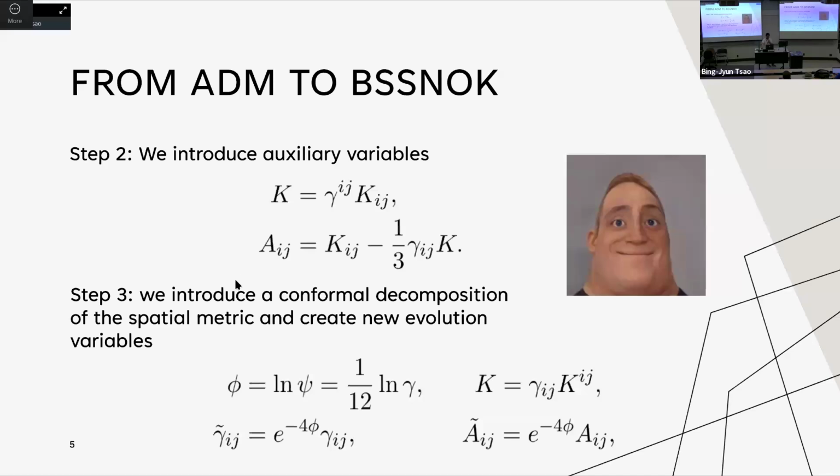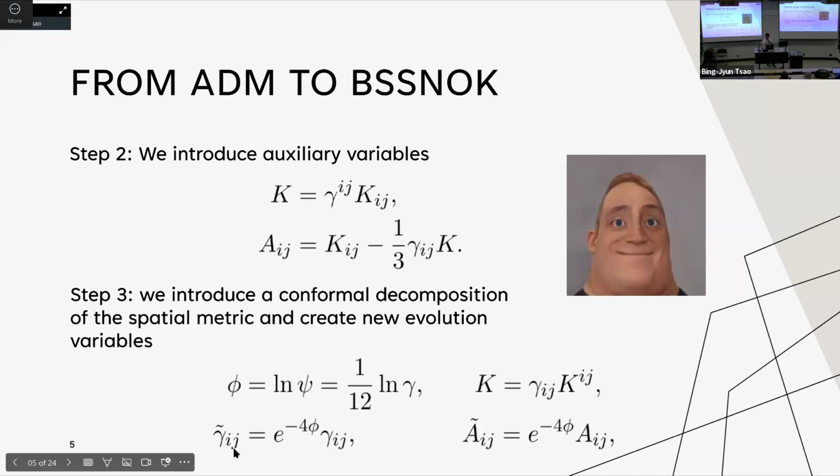Step 2, we introduce some auxiliary variables, right? So we introduce the trace of the extrinsic curvature, and we introduce the trace-free part of the extrinsic curvature. And after that, we perform a conformal decomposition of the metric, right? What that means is we're going to introduce gamma tilde, and gamma tilde is going to be some conformal factor times your original metric, right?